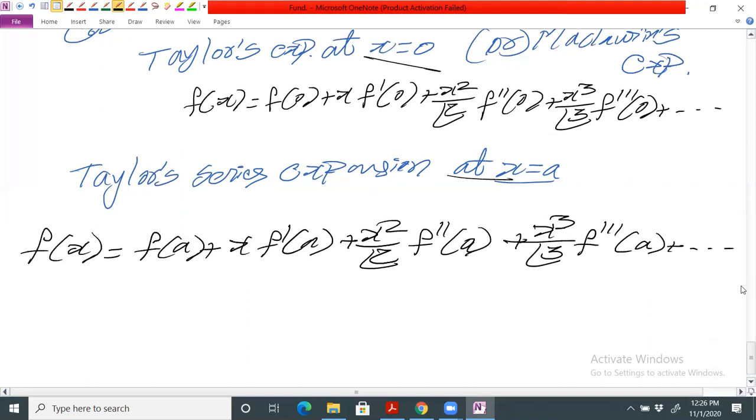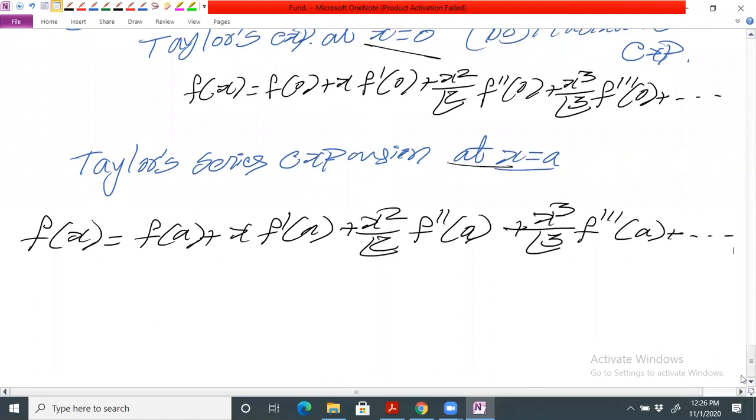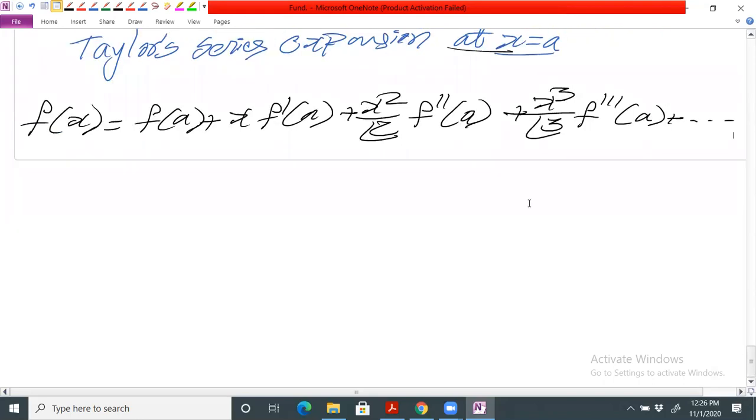This is the formula. This is at x equals to a.